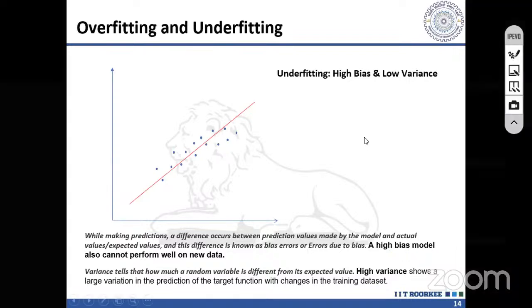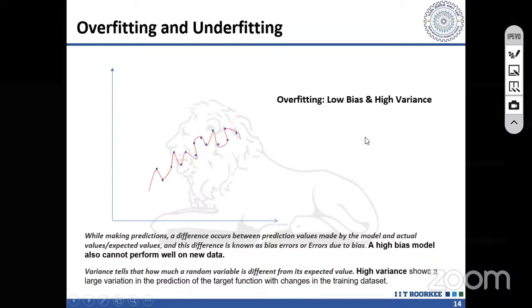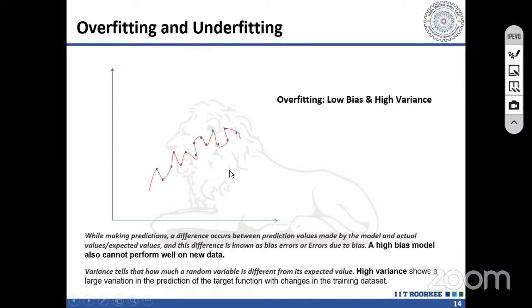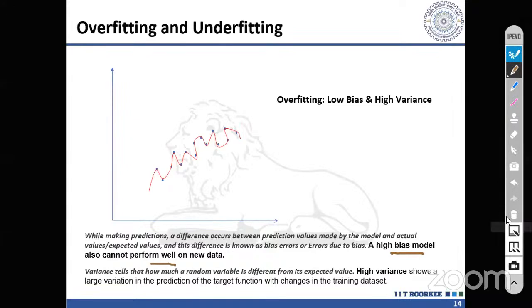And when it is overfitting, you have so many parameters, so it will be tuned to all the noise in the data. So it is perfect for that data set, but if you give a new data set, then it will not work. In overfitting, it will have high variance.